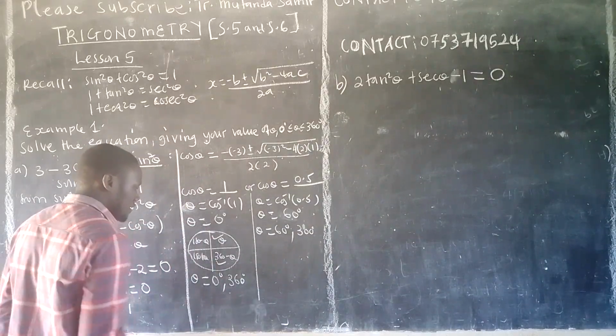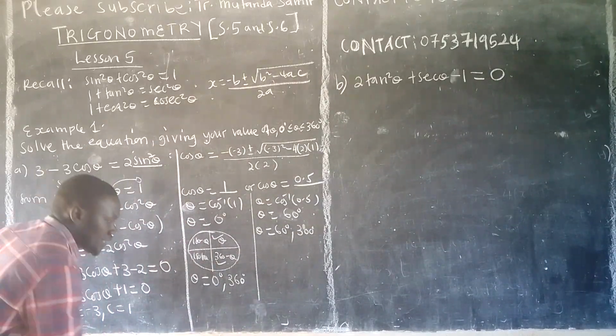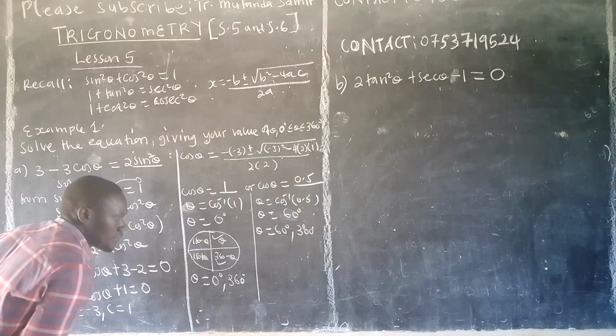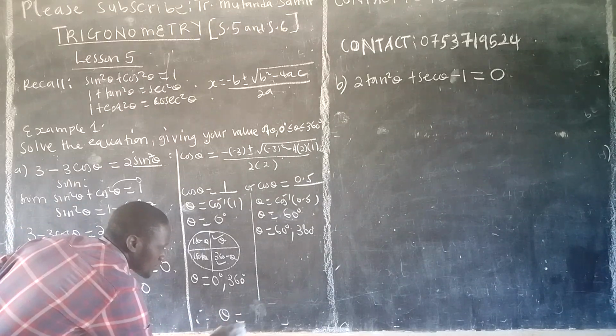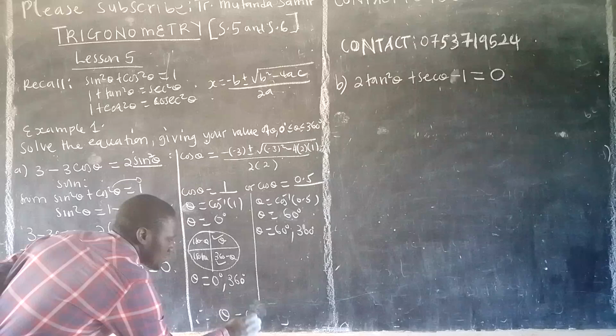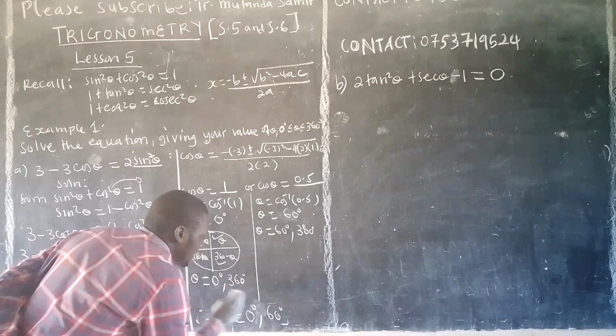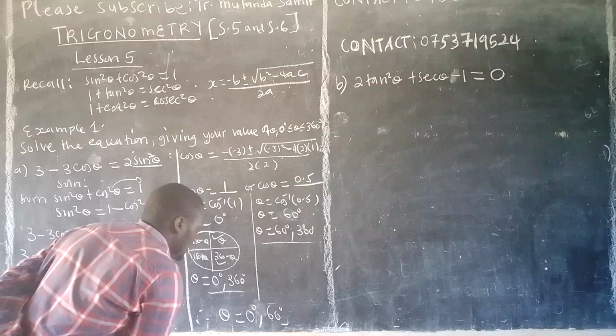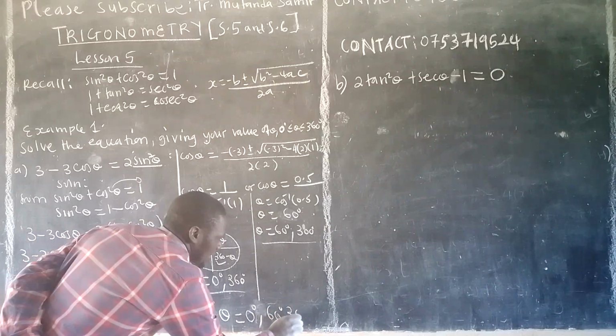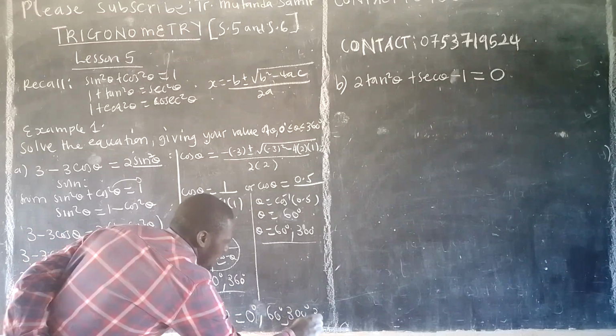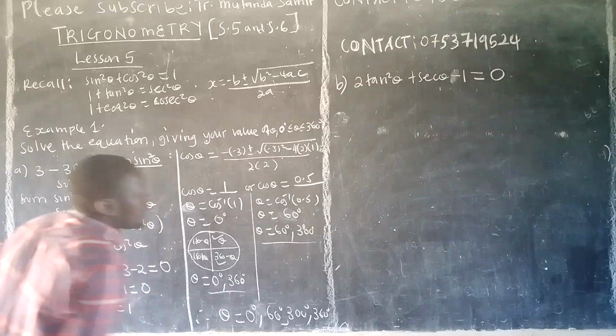Then you conclude and say, therefore, theta is equal to, starting from the lowest value, 0 degrees, comma, 60, I'm arranging these answers, 300 degrees, comma, 360 degrees.